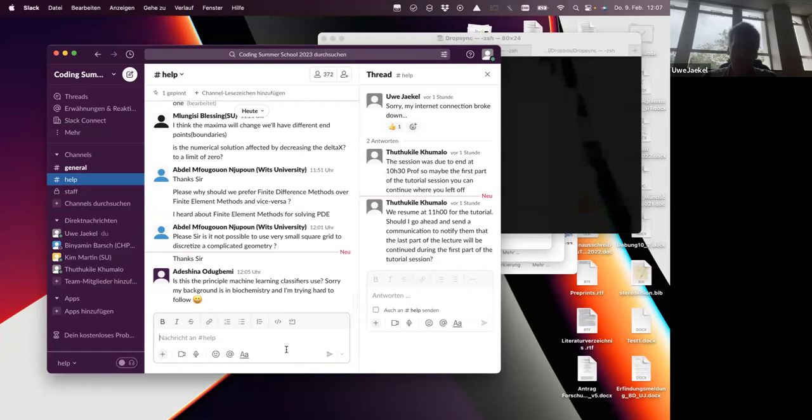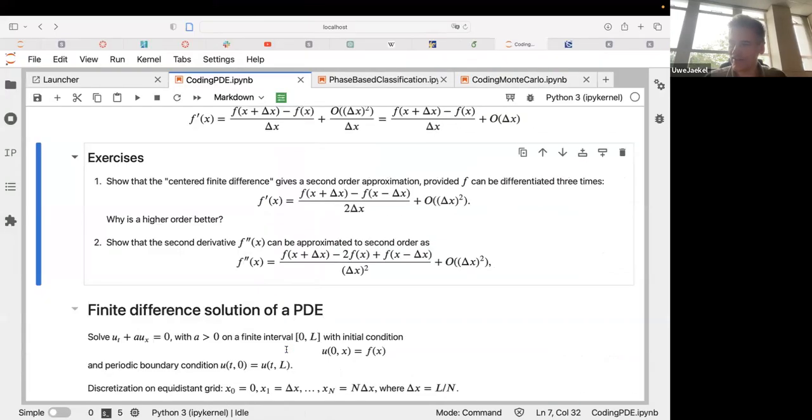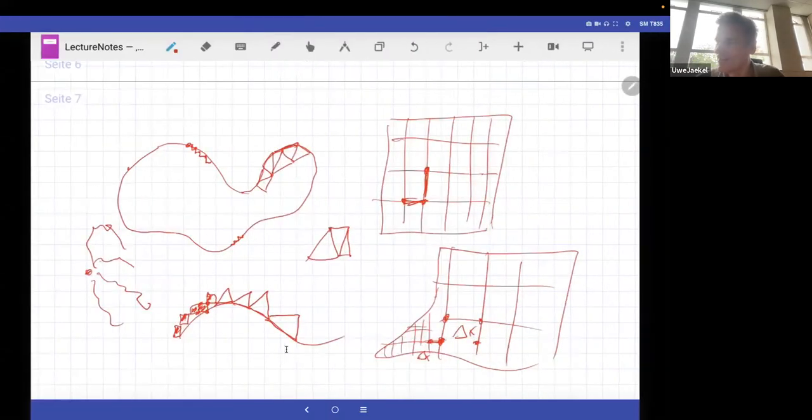Okay, yeah, but in biochemistry there are things like convection-diffusion or reaction-diffusion equations.